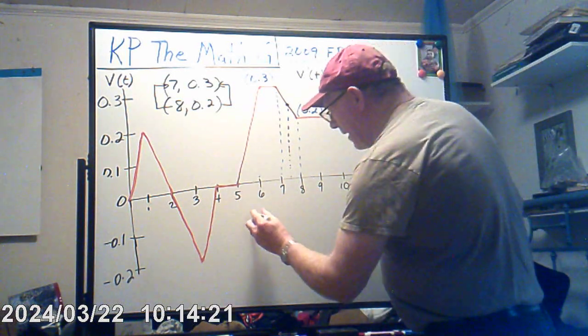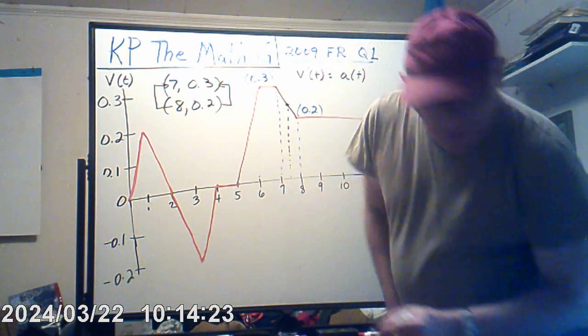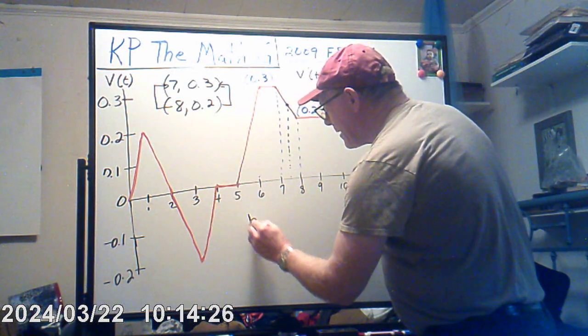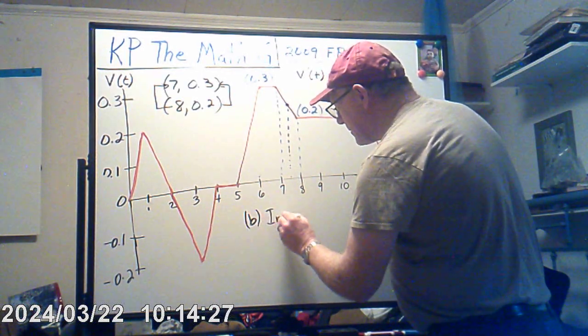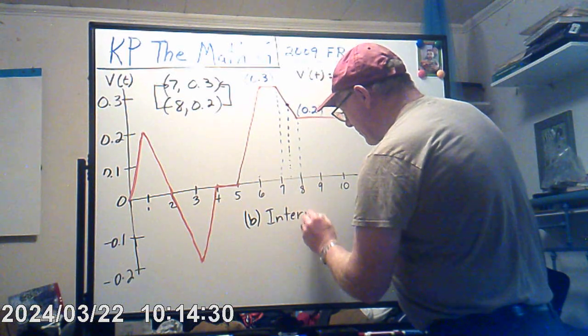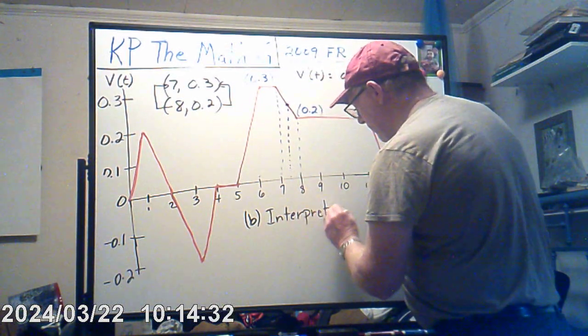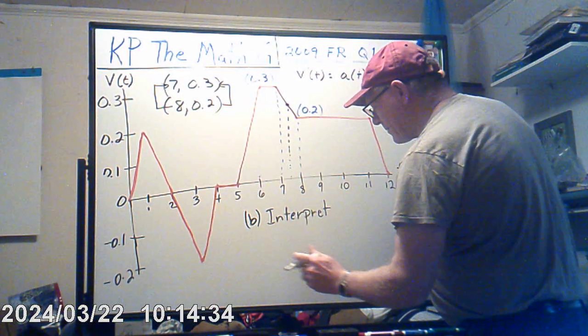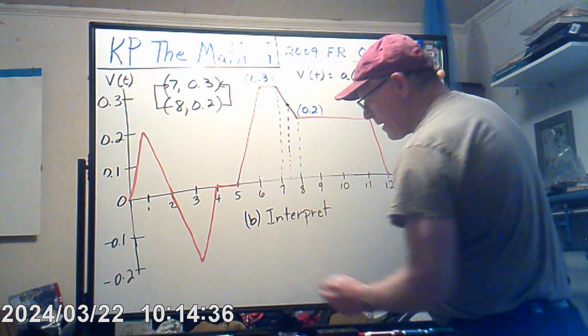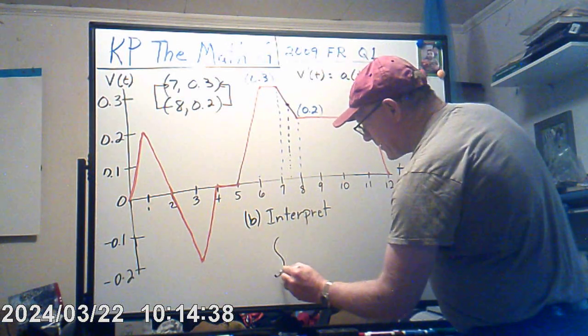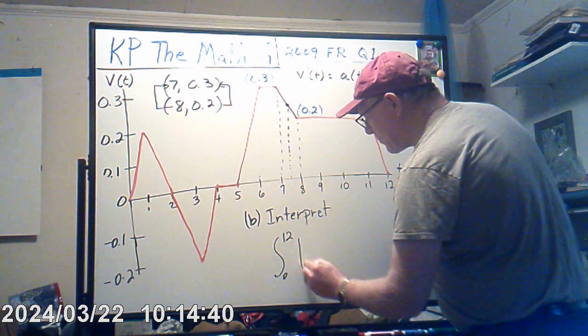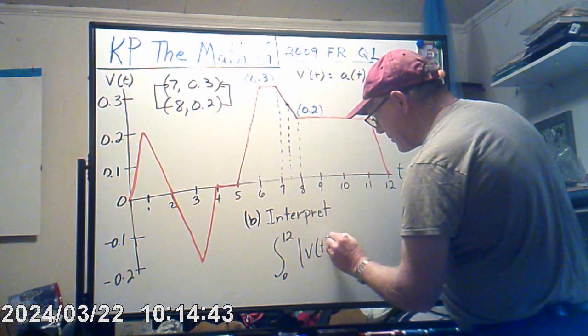Alright, they are saying interpret this meaning here. So B is interpret the meaning of, let's see, the integral from 0 to 12 with absolute value bars.